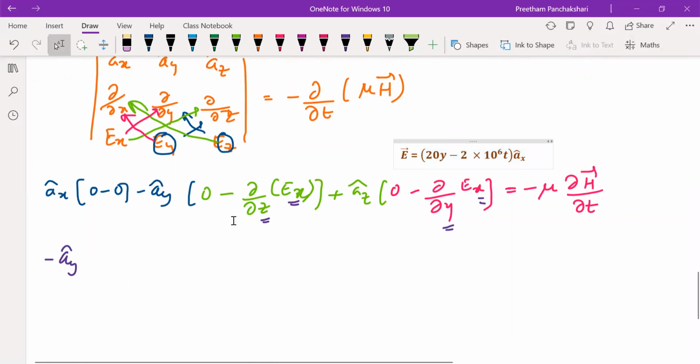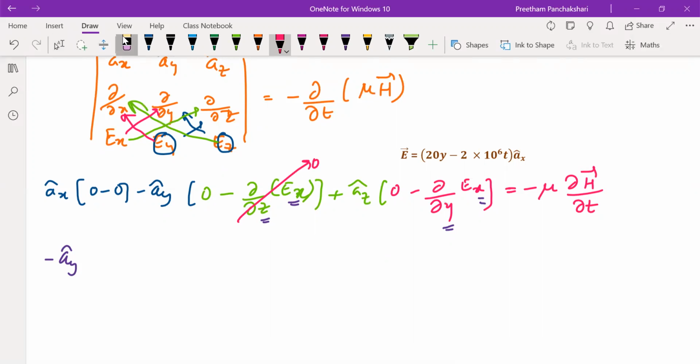E contains the Y component. So if you differentiate 20y, you'll get 20. So it works with Y. If you differentiate with Z, there is no Z at all, so it goes to 0. So completely goes to 0, and there is no need of these equations. Finally, this is not required and this is not required.